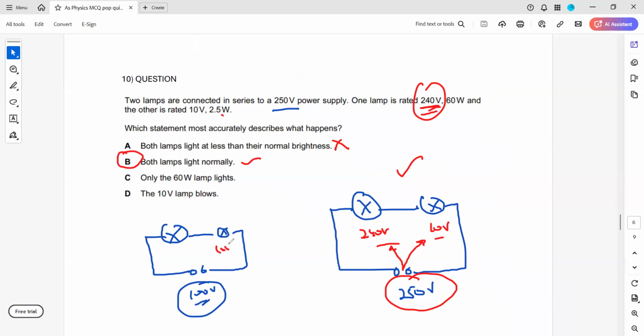So one might have 10 volts, but the other will not have 10, it will have 90 volts. So as a result, the brightness of one lamp will be different from the other, not normal brightness. But because the supply is 250, the 250 volts can be divided into 240 and 10. That's why both lamps will work normally.